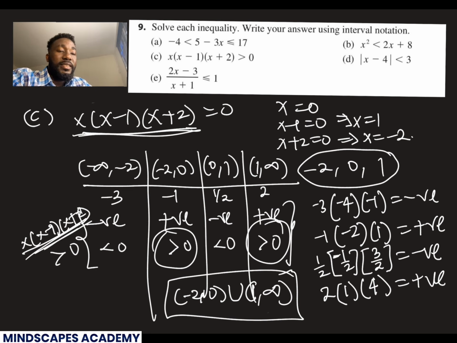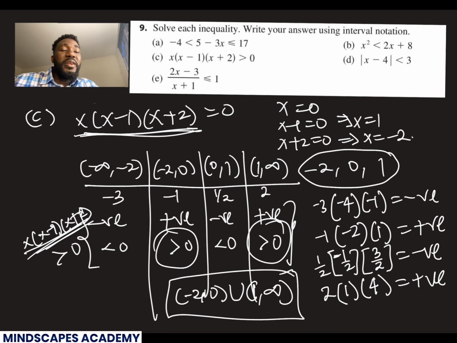So that is what it is saying. Union means addition. So you have every number between -2 and 0, plus all the numbers between 1 and infinity. If you plug in all those numbers in this expression, it will always be greater than 0. So I hope you always apply this. This is the right way of solving an inequality like this.